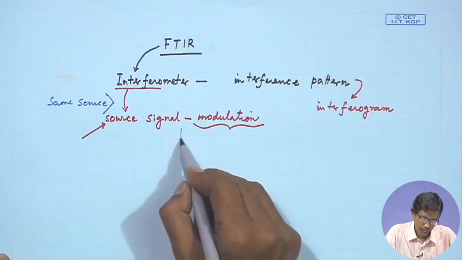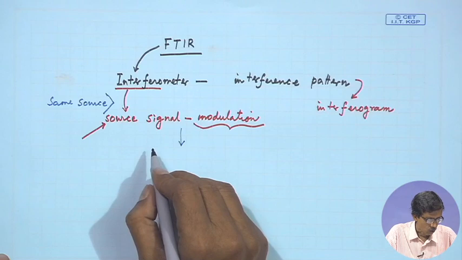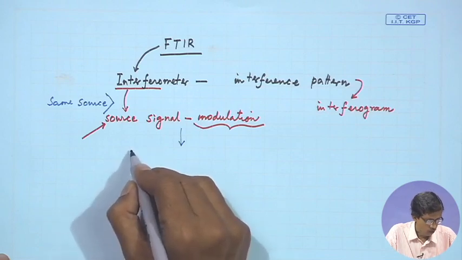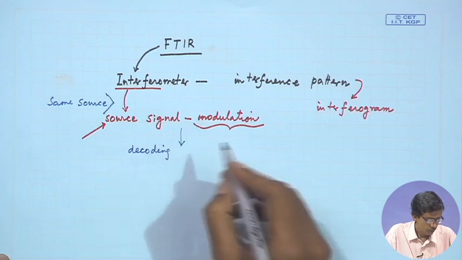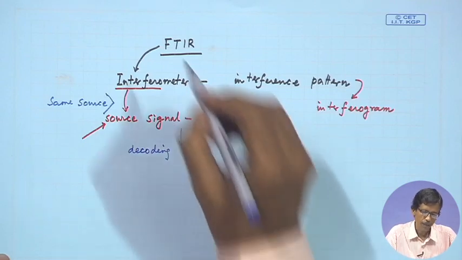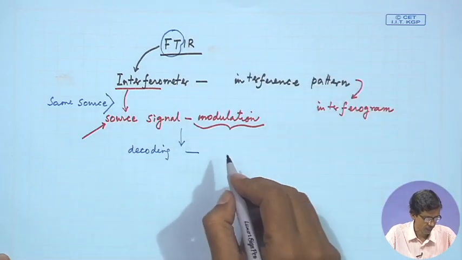Once we have this modulation for the signal, we have to go for the corresponding decoding by the mathematical form, which is your Fourier transformation.